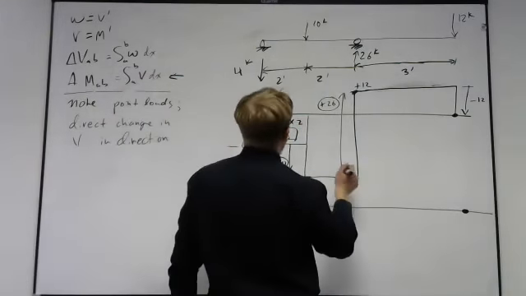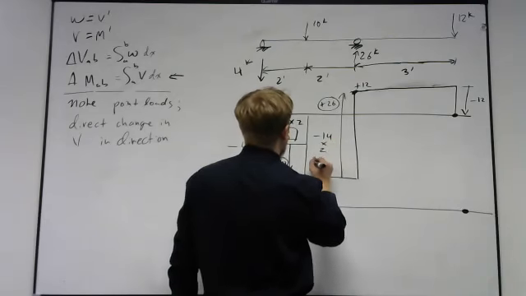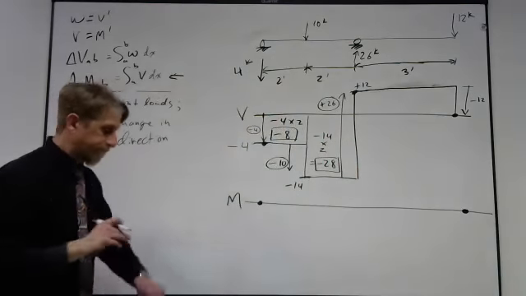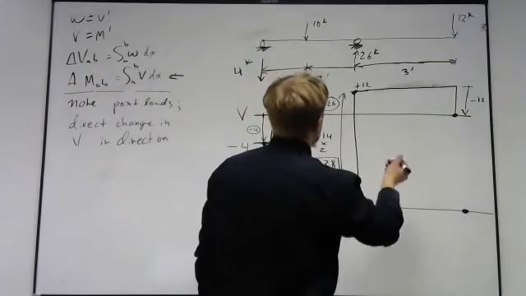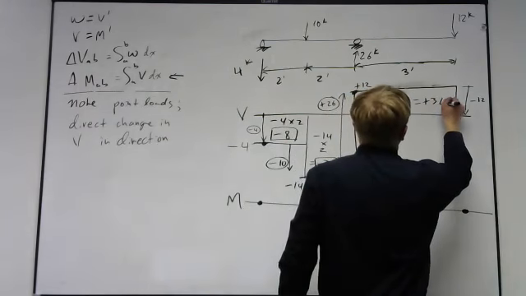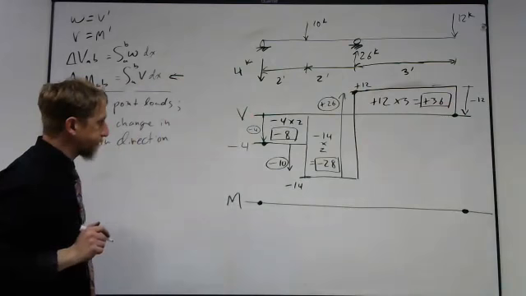That's fine. This is -14 times 2 is -28. These are going to be my changes in M. And this is going to be plus 12 times 3, positive 36. That'll be another change in M.